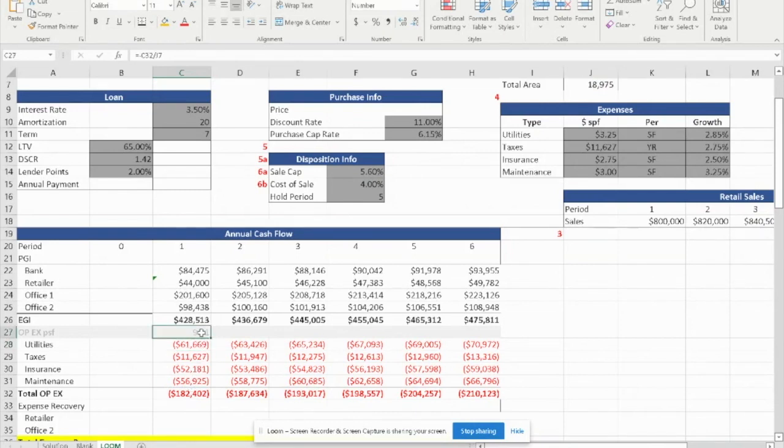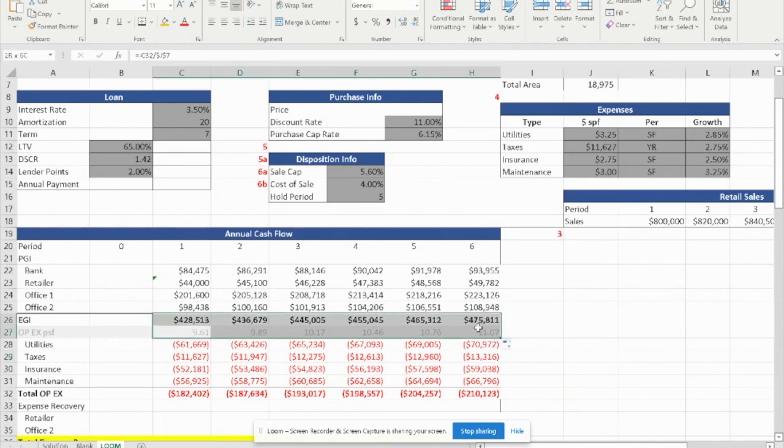By the way, anchor the total area, which is J7 for me. If you did that correctly, you can drag it across to get the projected expense per square feet for year six, which would be $11.07.